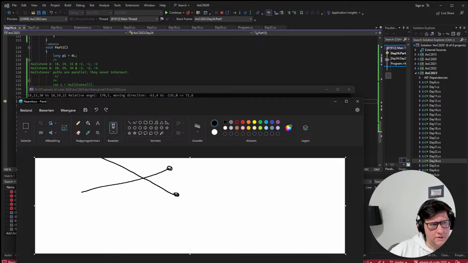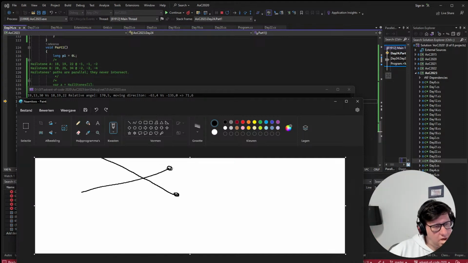But does that even matter? It matters where they are relative to each other, because if this one was above it, they would never meet, because they would shoot away from each other.